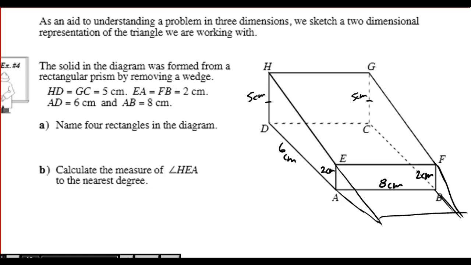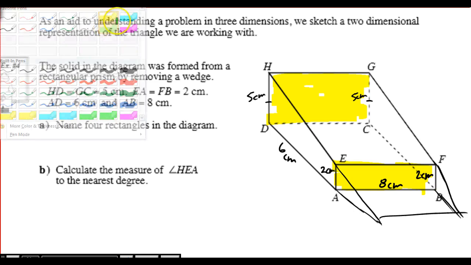Okay, the 4 rectangles in this diagram would be, I'm going to highlight them. So there's one back there, that's the back face of this. There's the front face. And then you have the top and the bottom, which I think everybody can see.